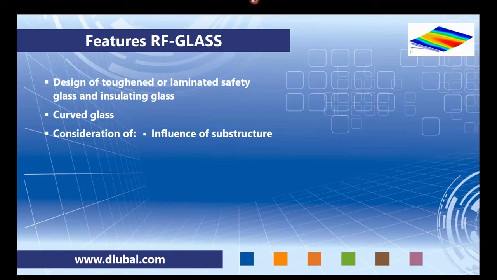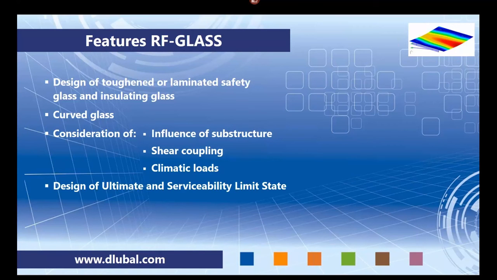We can take into account the influence of a substructure. We can consider shear coupling between the layers, and we can take climatic loads into account, which we will do in the second example today. And of course, we can do all kinds of ultimate and serviceability limit state designs.